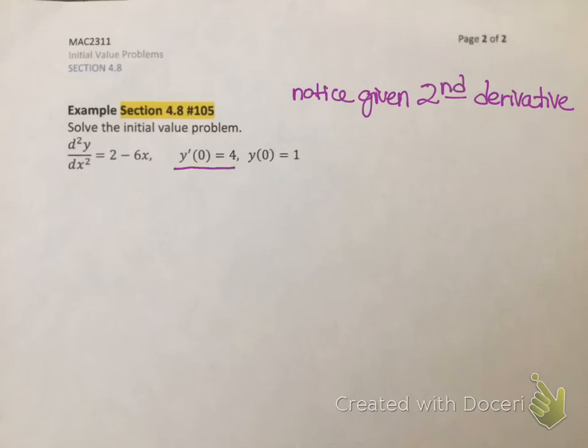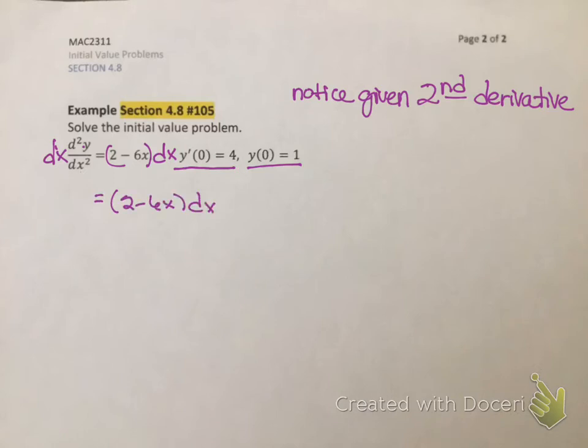I'm given this information about my first derivative and this information about my original equation. Since I am given the second derivative here, I'm still going to multiply both sides by dx. And on the right, I'll get 2 minus 6x dx.